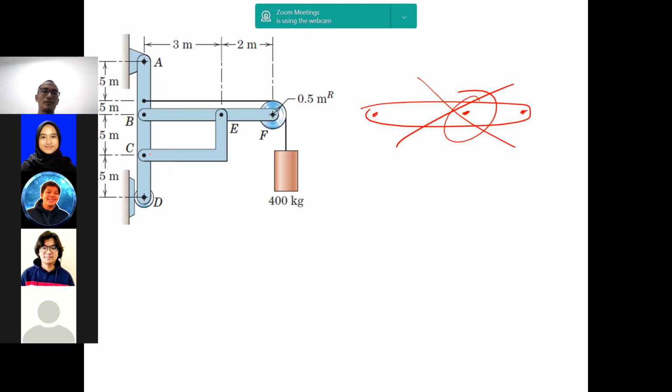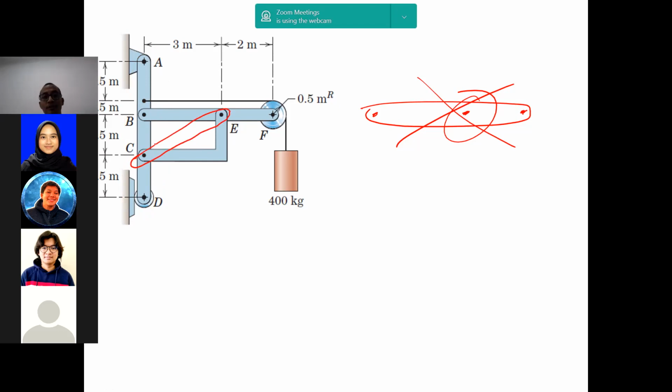Can you find out which one of it is a two force member? Oh, then CE. Yes, CE is a two force member. So basically, if you draw CE like this, or if you draw CE straight like this, the forces will be the same.